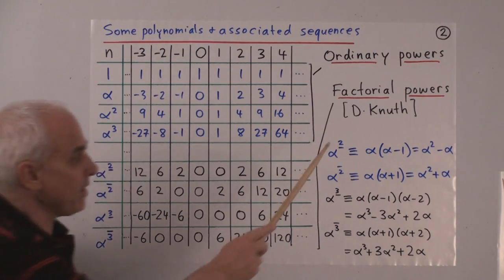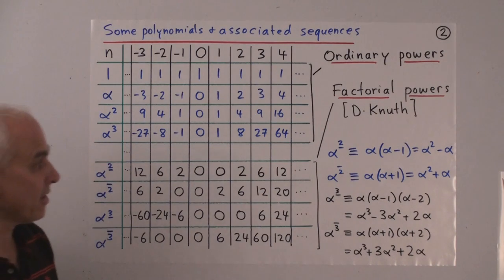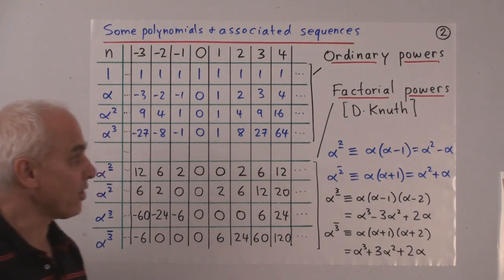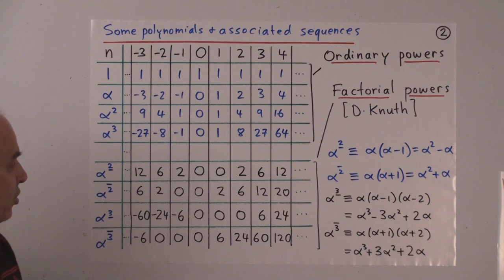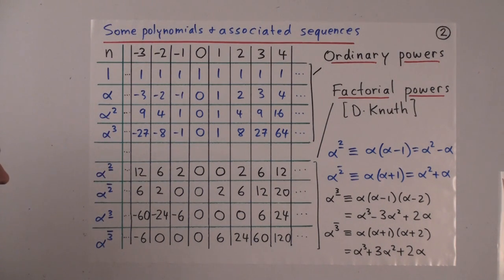And we're following the very important and interesting suggestions by the eminent computer scientist Donald Knuth, who proposes that we consider two types of factorial powers, so-called lowering and raising powers. So let me explain what that notation is. It's a very useful notation and it's very important.